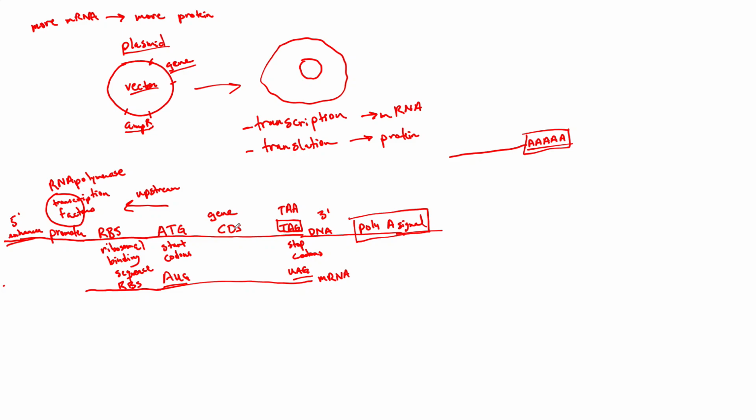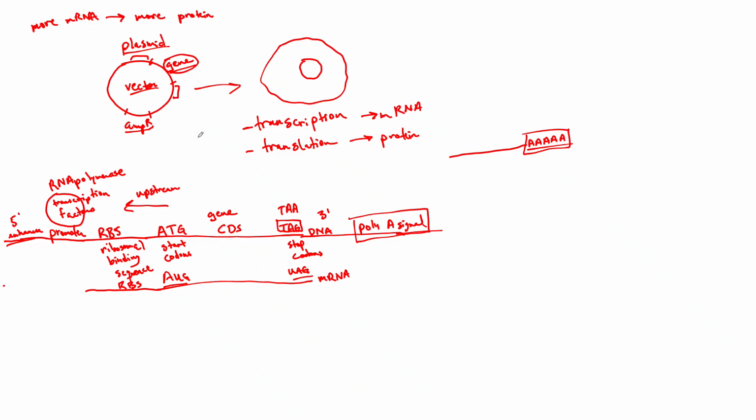Well, if we think about studying some sort of gene that we've got in a plasmid here, we need to make sure that when we put this gene into the cell, it is surrounded by these regulatory regions that we just talked about, both upstream and downstream. Otherwise, that gene won't be expressed properly in the cell.